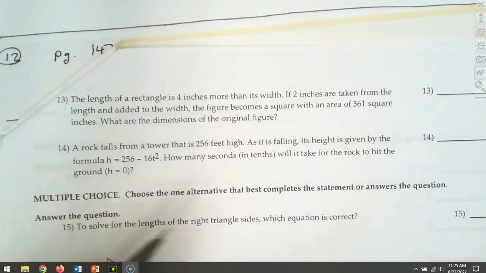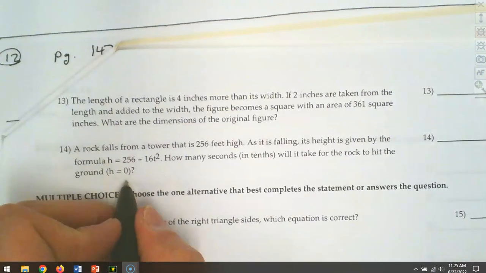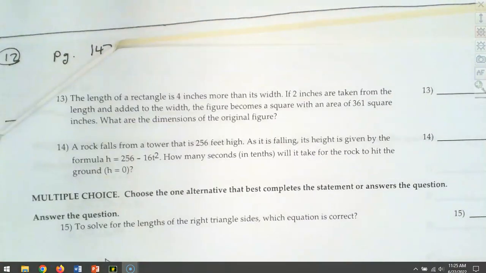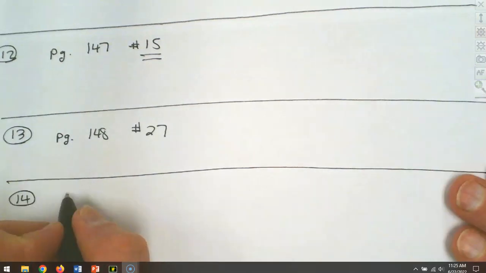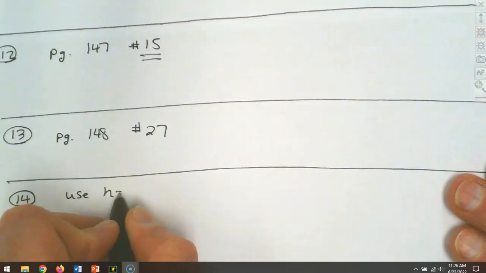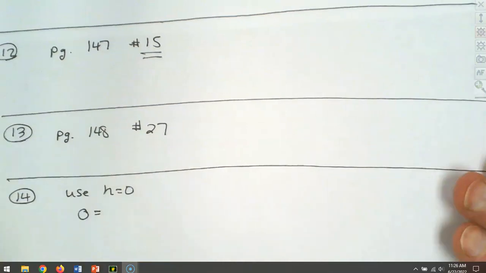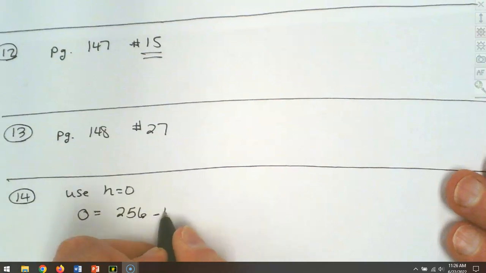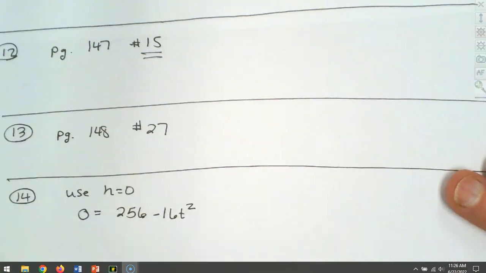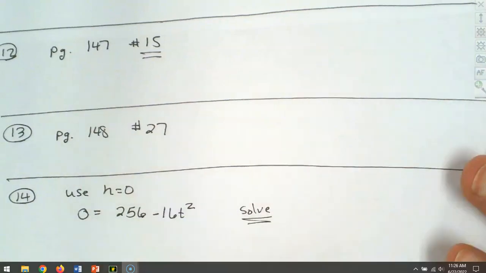And it says, how long will it take the rock to hit the ground? So it tells you right here that the height is 0. So we want to end up with a height of 0. So on 14, all you're going to do is use h equals 0. So that is then simply going to give you 0 equals 256 minus 16t squared. And then you can solve it from here. Right? Because that's all they want you to do.